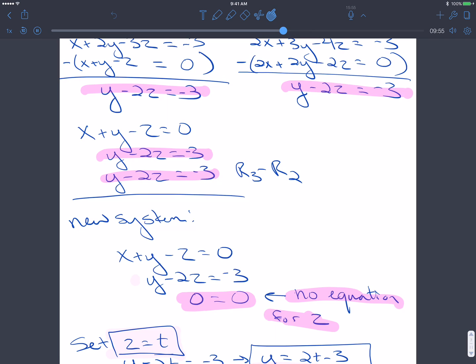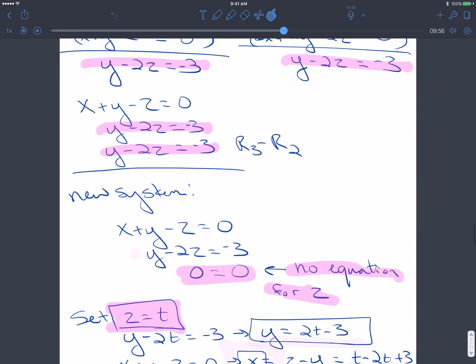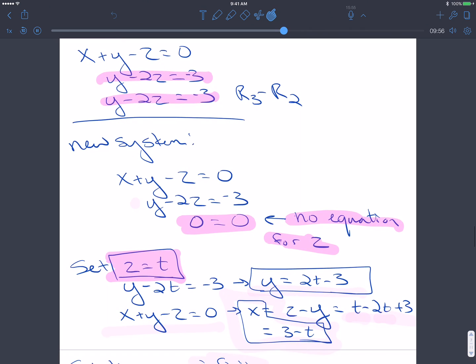What we do for that is we define z to equal some parameter t, and then we rewrite y and x in terms of the parameter t. So if I substitute t in for z in the second equation, I have y minus 2t equals negative 3, or y equals 2t minus 3.